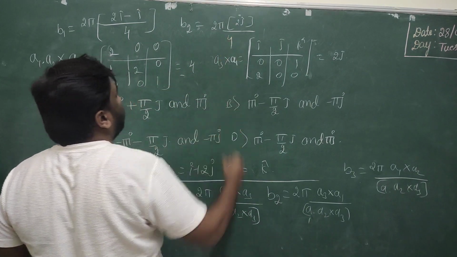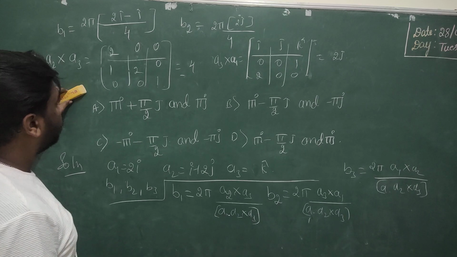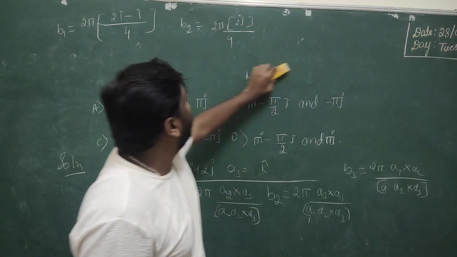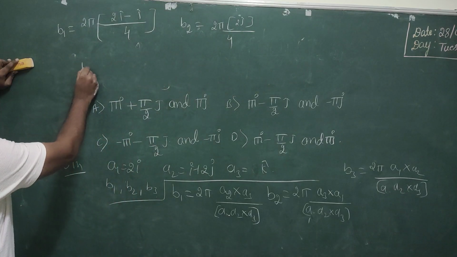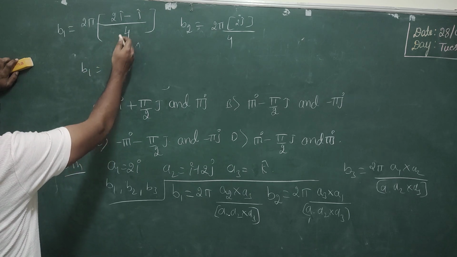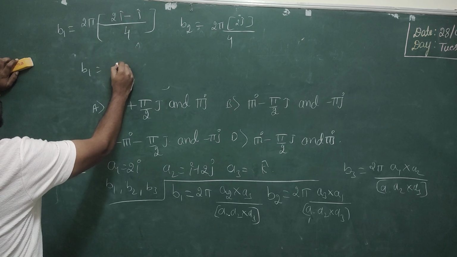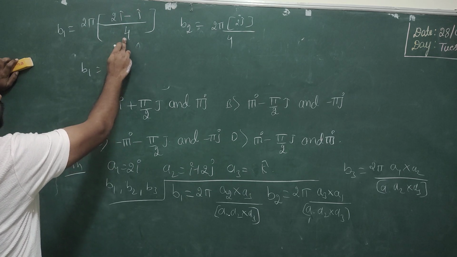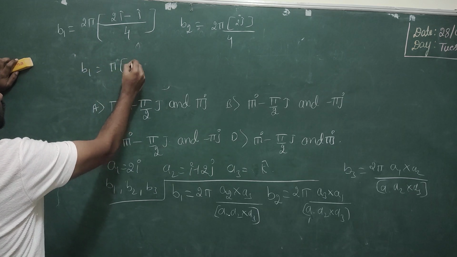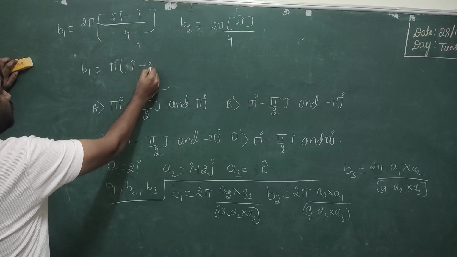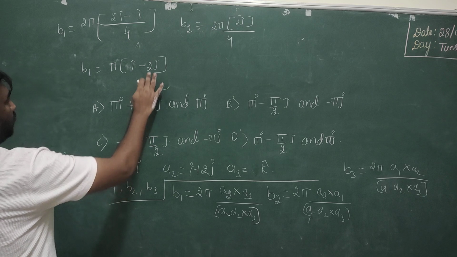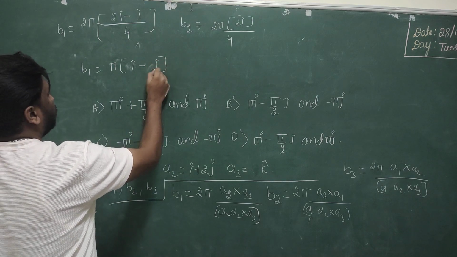So substitute here. B1 is, taking 2 as common, 4 pi, and the 4 cancels, so pi into i minus j by 2.